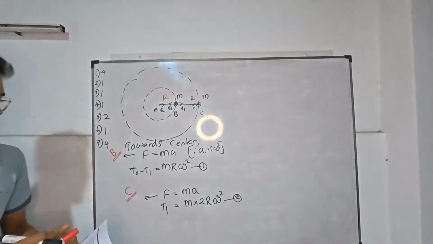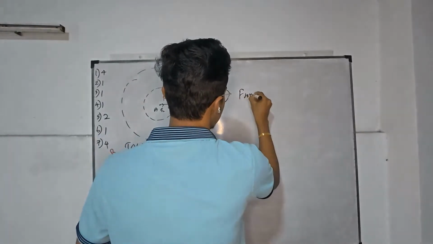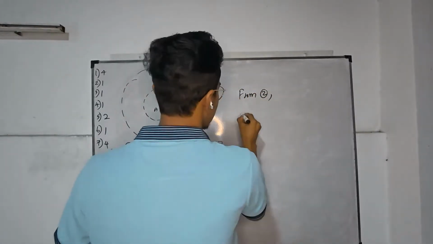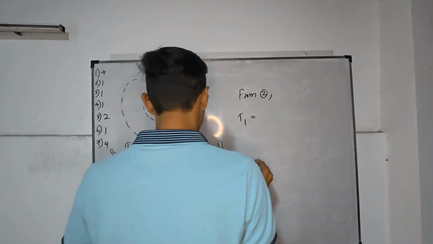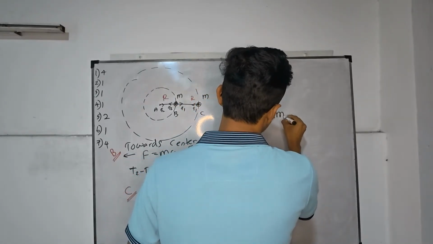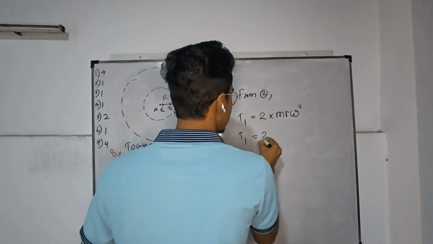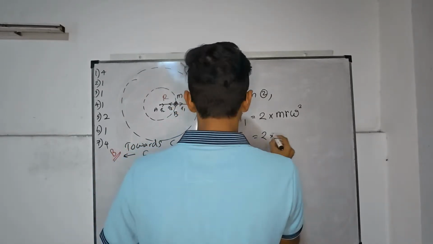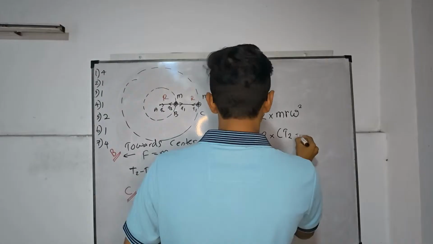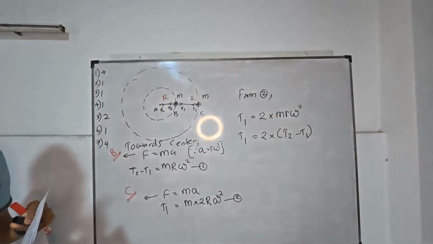From 2, I can write T1 equals 2 times M R omega squared. Therefore M R omega squared can be written as T2 minus T1, so T1 equals 2 times (T2 minus T1).